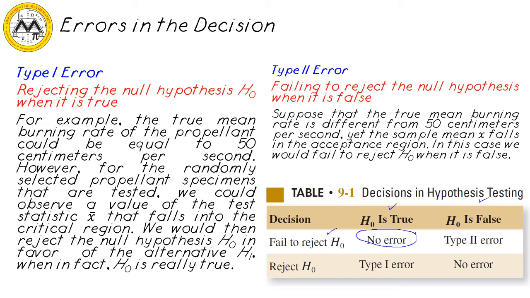If the statement is false and you reject it, there's no error. But if the statement is false but you do not reject it, you are committing type 2 error. If the statement is true but you reject it, you're committing type 1 error.